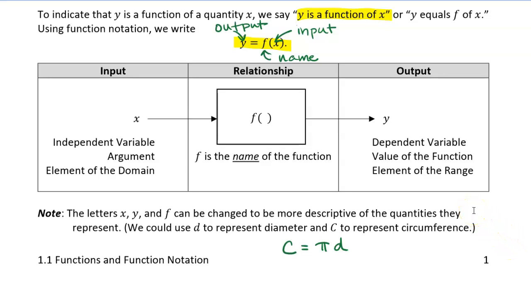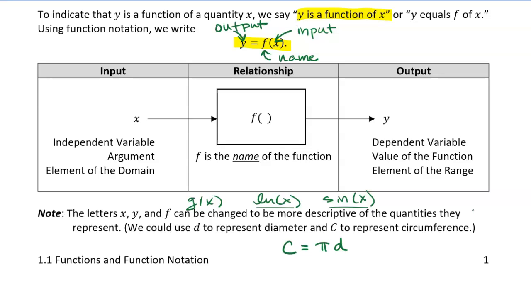The same goes for f, the name of the function. We could call it g, or g of x. Sometimes we have functions like ln of x or sine of x. These are all just names of functions. Normally we just use one letter, but these are common functions that you'll run into in 109. ln represents the natural log of a value, and it's just the name of the function.